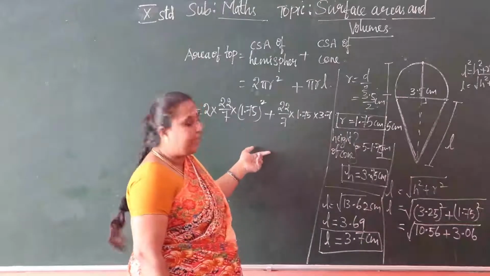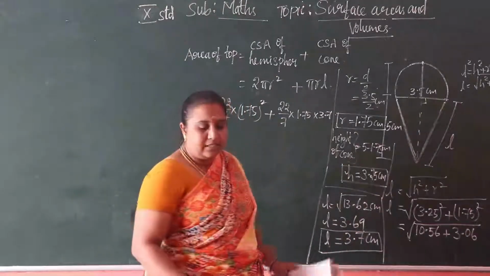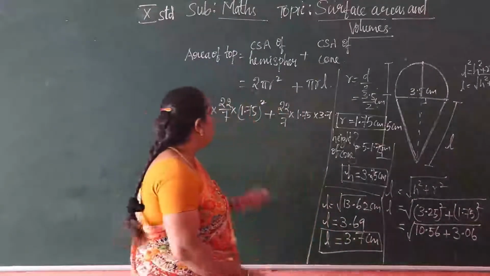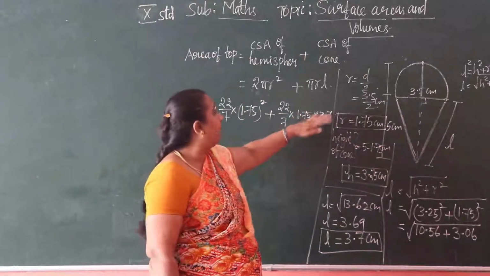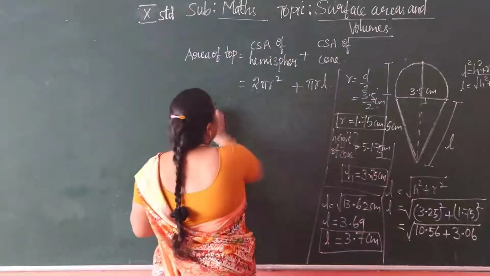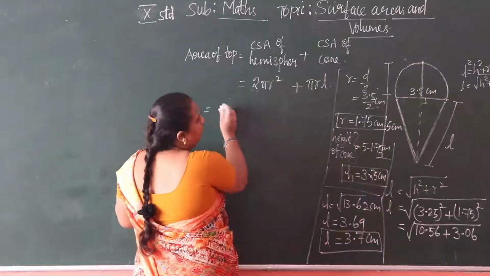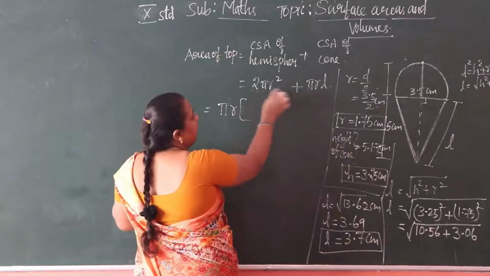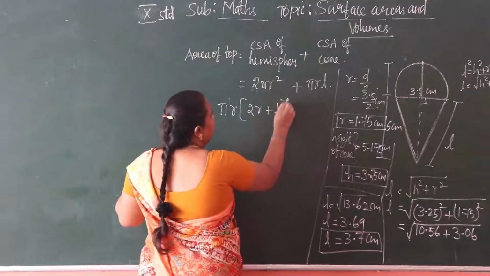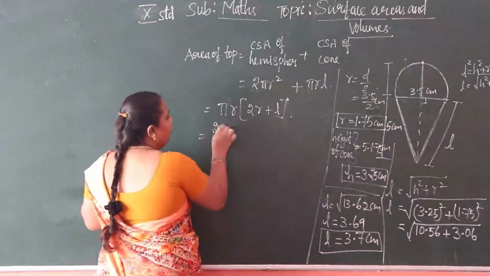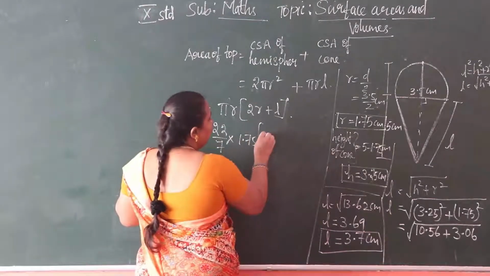Sorry children, before substituting we have to simplify the formula. If we simplify the formula, we can easily substitute and get the solution. So we take pi r out commonly, and we have 2r plus l. So pi value 22 by 7 into r which is 1.75 into 2 into 1.75 plus 3.7.